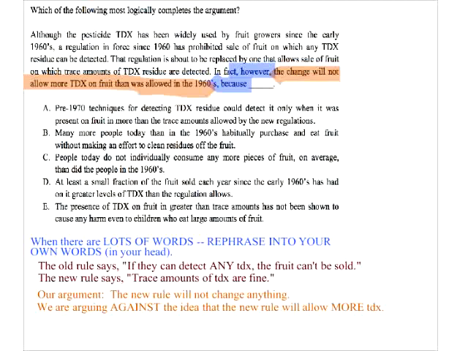So we need some sort of thing that you can treat as a weakener, or you can treat it as an explain the discrepancy. It's a very similar situation in this case. But we need something that shows that the results of no TDX allowed are the same as the results of trace amounts allowed.